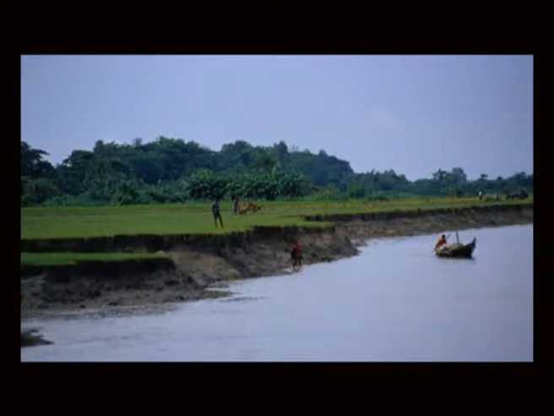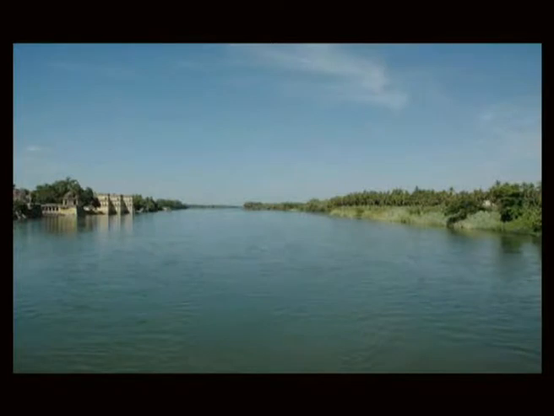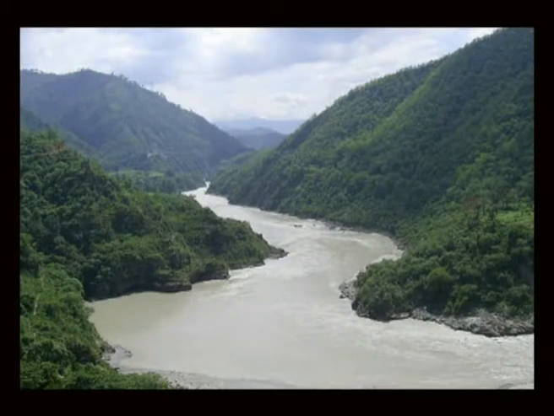Flowing surface water is the result of total precipitation minus evapotranspiration and infiltration into the ground. The water flowing as a stream performs three kinds of geologic work: erosion, transportation and deposition. Hence, the running water is considered as one of the geological agents on earth.